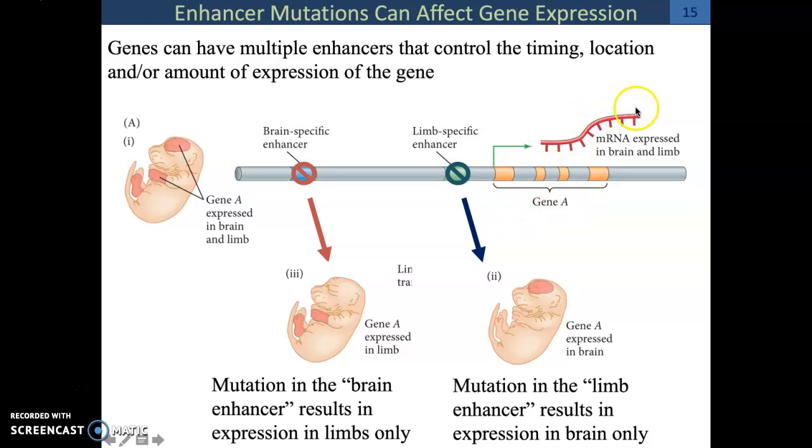And we could trace the mRNA from that gene and figure out where it goes inside of an organism, right? So enhancers, what they're really great for is that they control the timing, the location, or even the amount of the expression of a gene. And in this case, what we're looking for really is the location, right? Because we were looking at limbs and brains.